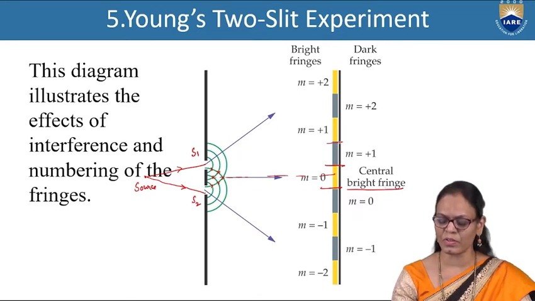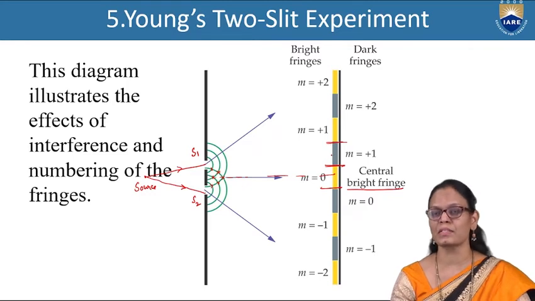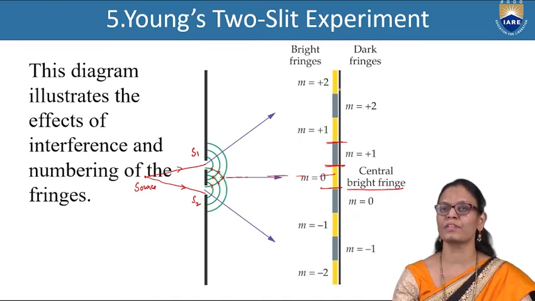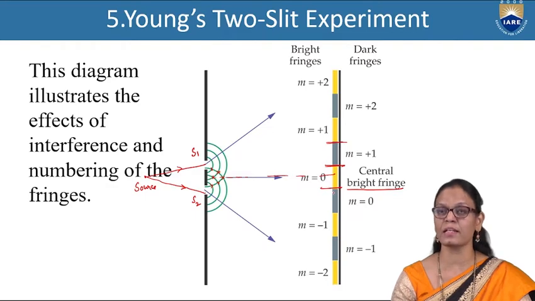Where the interference is destructive, a crest falls on a trough, and here we get a dark band. So on the screen we have a series of bright and dark bands following each other, and we are going to number them also.